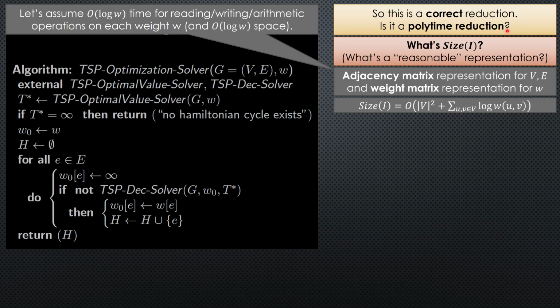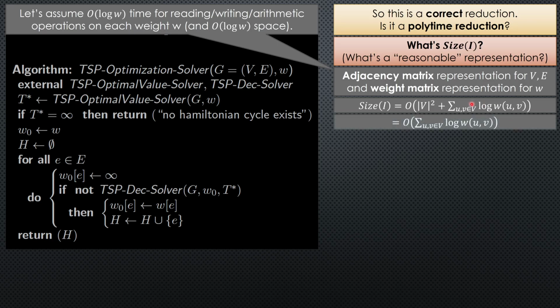So the size is going to look different, right? Because now, for every slot in our weight matrix, we no longer have order 1, we have order log W, where W is the specific weight number written down there. So that's W of u comma v. Okay, so we have this log of W of u comma v term here.